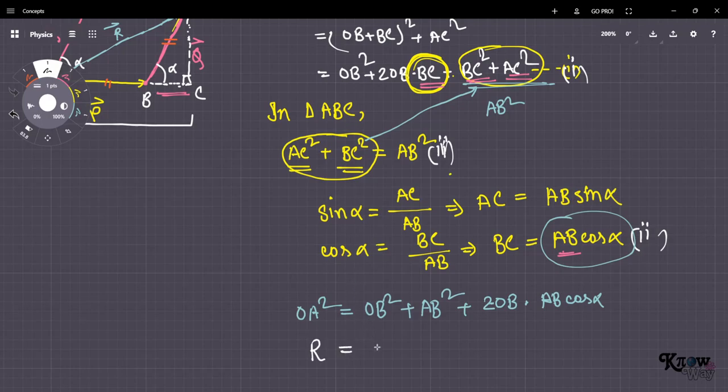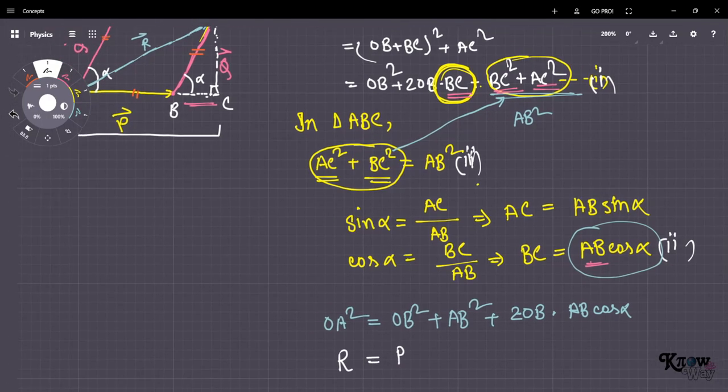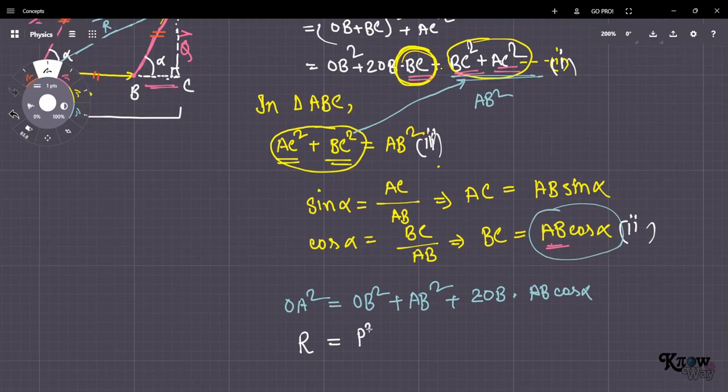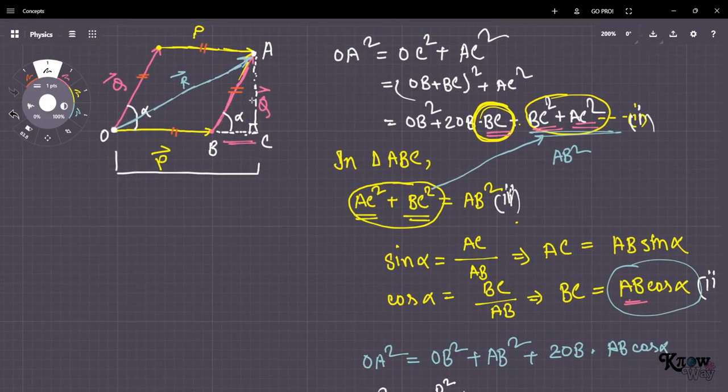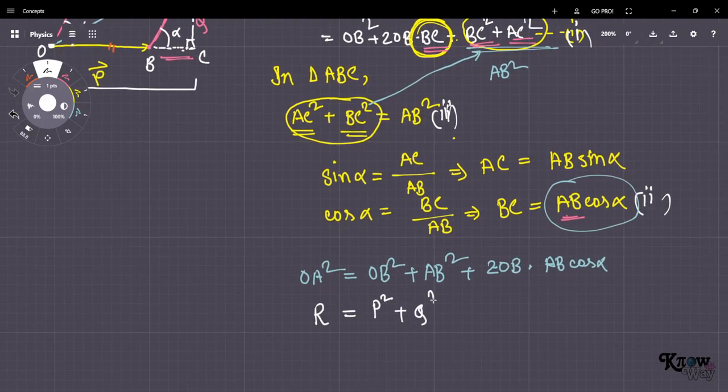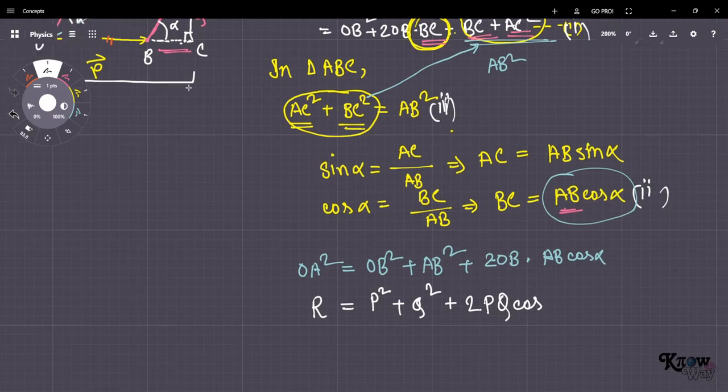We are just taking the magnitudes of the vectors, so there is no need to write the vector sign. So r squared will simply be equal to OB, which is p, so p squared, plus AB, which is clearly q, so q squared, plus 2 times OB, which is p, times AB, which is q, times cos alpha.